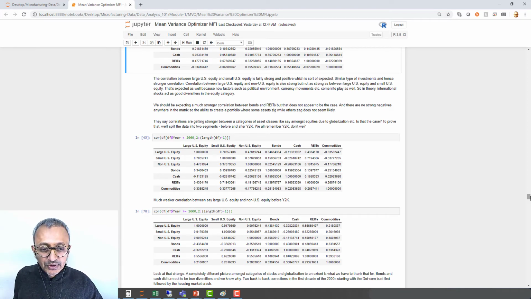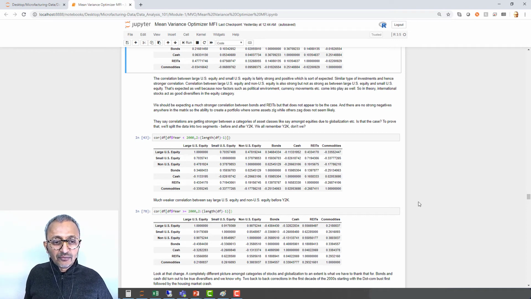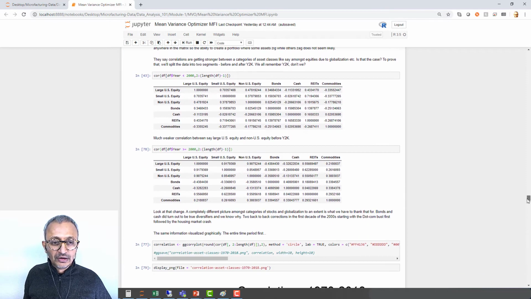So let's look at a time frame before 2000, and let's look at two different sets of correlation matrices, before 2000 and after 2000, and you see some differences. Before 2000, between the US and international, US large cap and US small cap were correlated pretty reasonably well, but the internationals were not.